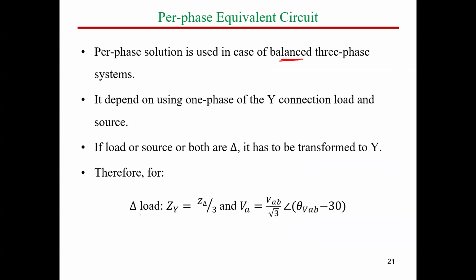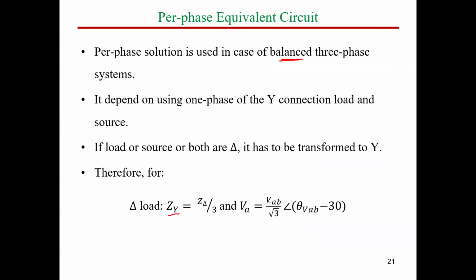Therefore, for delta load, we should convert to Y. So we can say ZY equals Z delta divided by 3, and VA, which is the phase voltage across the phase, equals VAB divided by root 3 equals the line to line voltage divided by root 3. Okay?